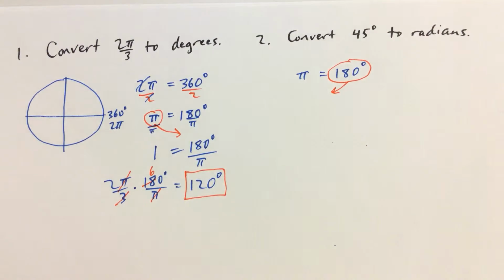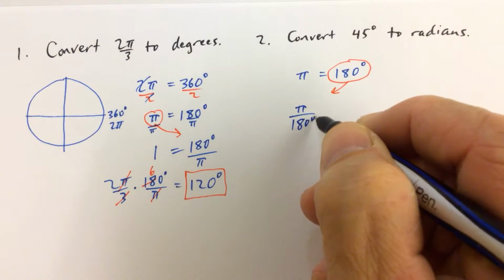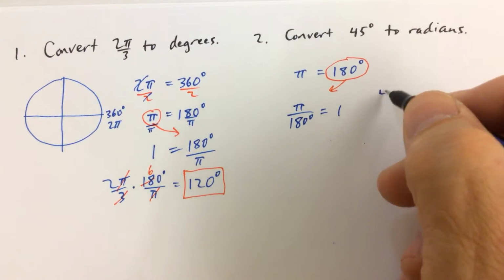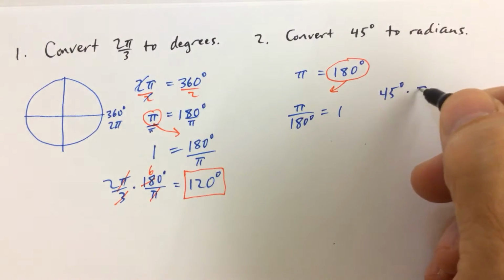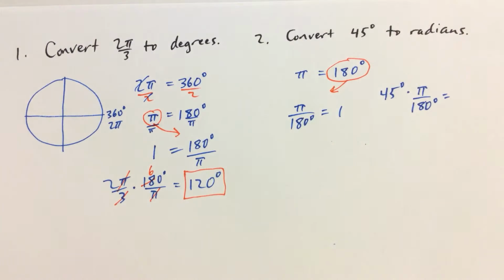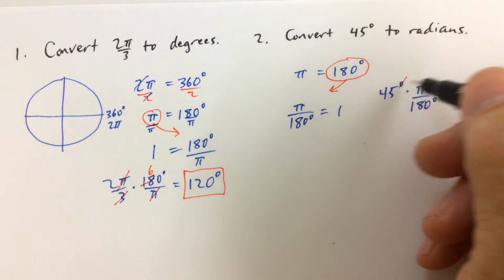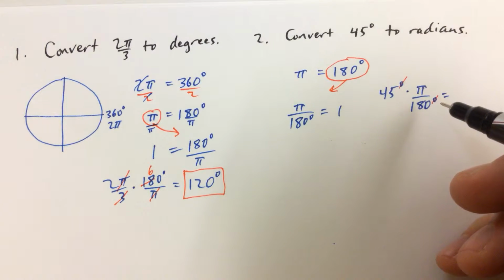So if I divide both sides by 180 degrees, I get pi over 180 degrees is equal to 1. So when I take my 45 degrees and I multiply by 1 in the form of pi over 180 degrees, this is the conversion process of getting rid of the degrees and converting to radians.